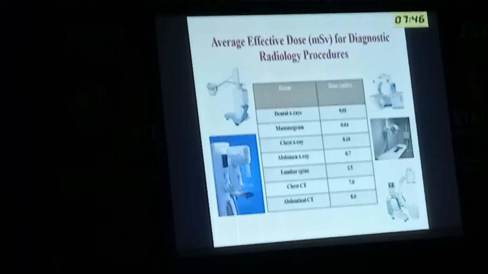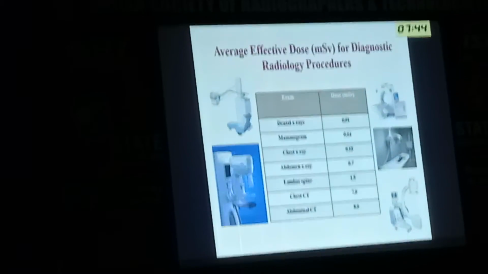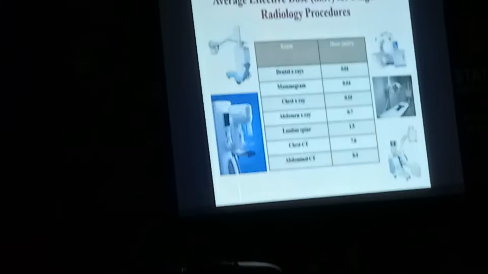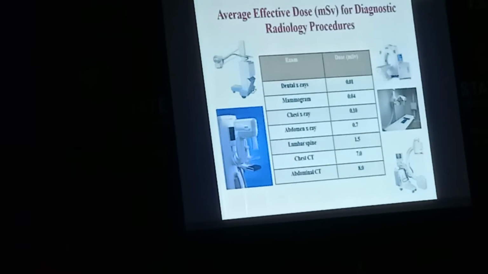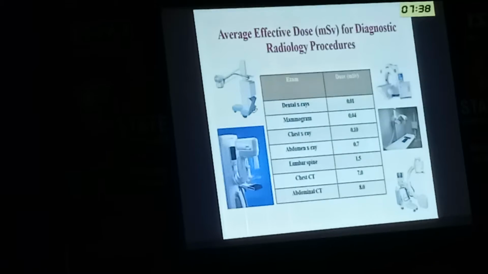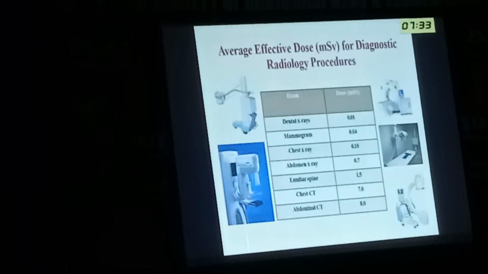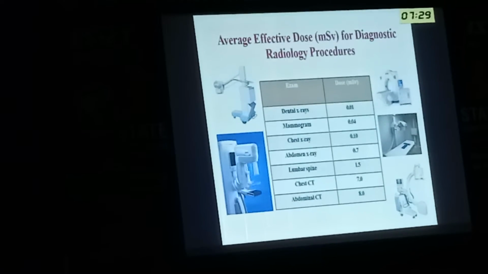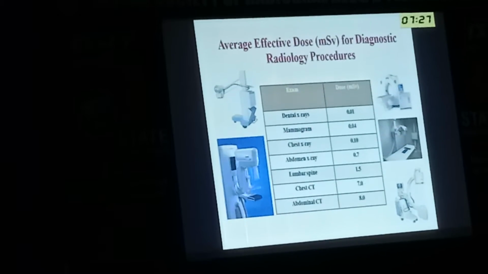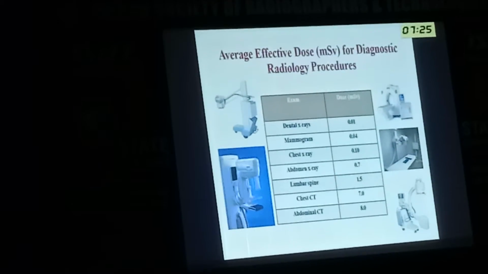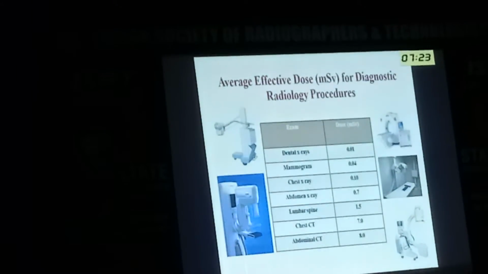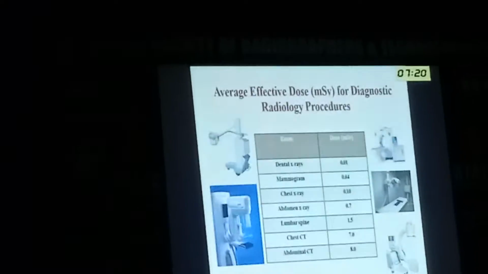Different kinds of radiation have different penetration power or damaging potential, so when we multiply the absorbed dose by the radiation weighting factor, we get the equivalent dose. Our body is made up of tissues, and different tissues have different sensitivity. So when we multiply the equivalent dose by the tissue weighting factor, we get the effective dose.